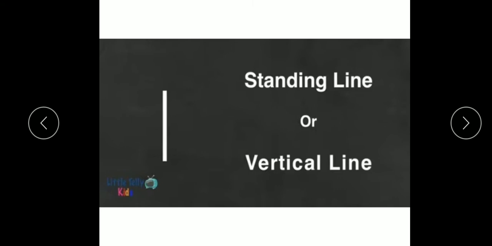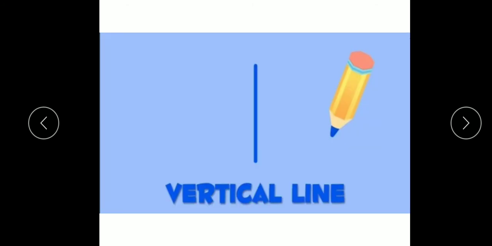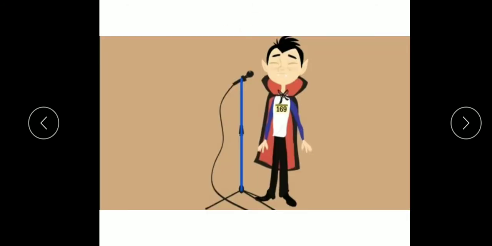Straight lines are vertical if they go straight up and down, or top to bottom without going across at all. So these are your standing lines or vertical lines. See this example, the microphone stand. The stand of the microphone is an example of a vertical line.